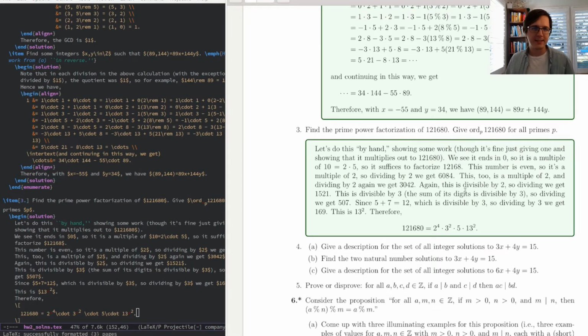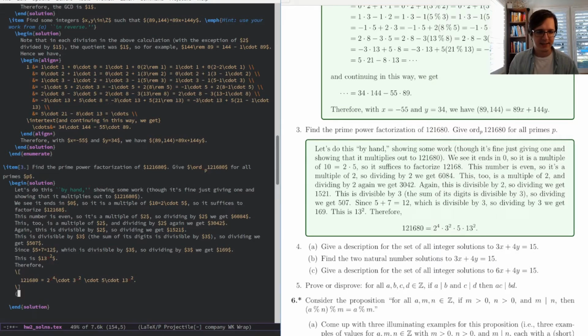So this is anyway just how I was thinking about how to do it. They're just like a bucket of techniques. So I'll mention, alternatively we could have repeatedly divided by small primes in order, because that's more of the algorithm.